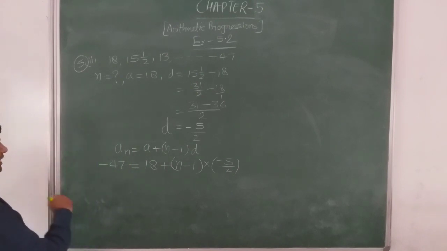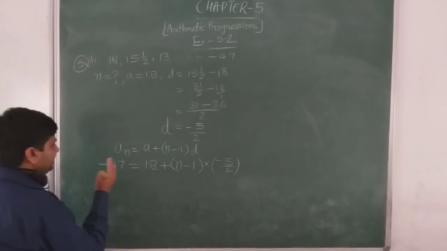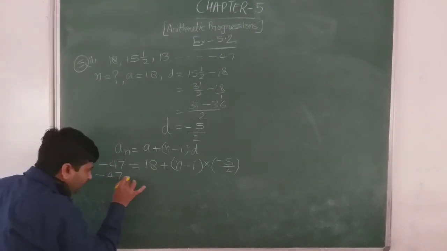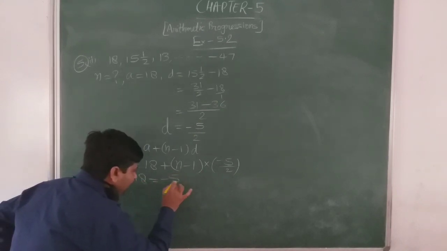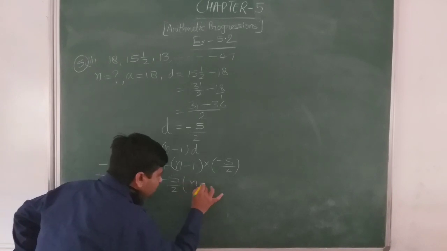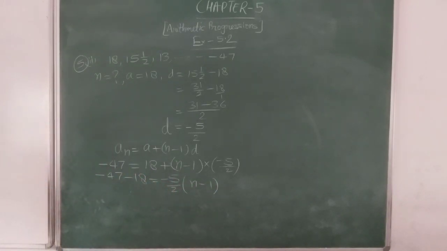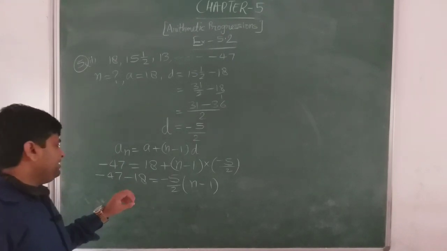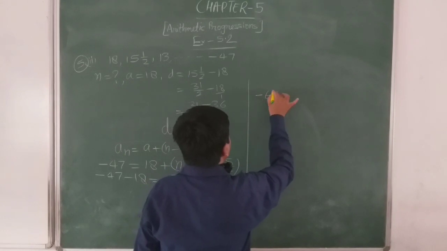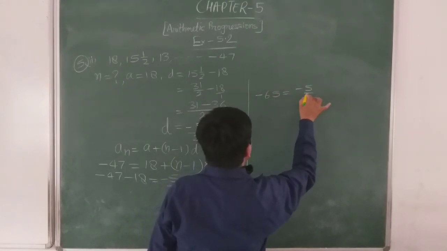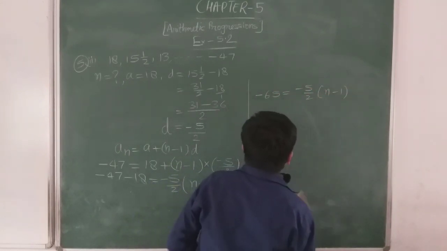Now 18 transferred here, so we get -47 minus 18 equals to n minus 1 into minus 5 by 2. 47 and 18 both are same sign, so they are added, that will be 65, we get here -65 equals to minus 5 by 2 bracket n minus 1.